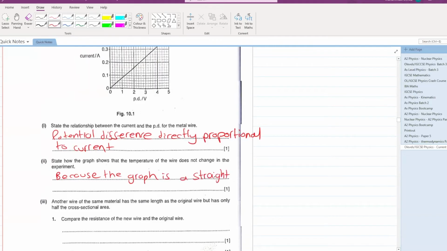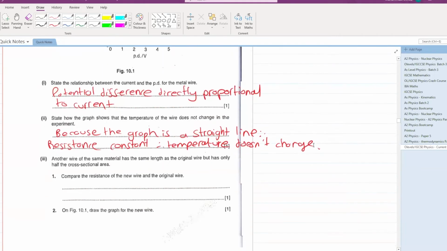This means that resistance is constant, and hence if resistance is constant, temperature does not change. Simple logic, nothing complicated here.